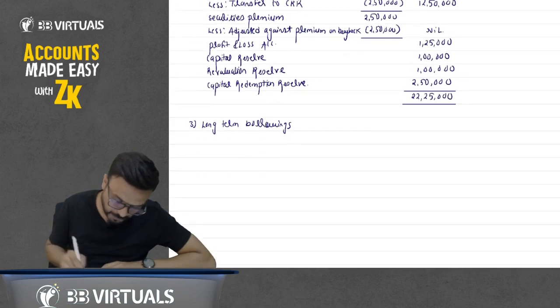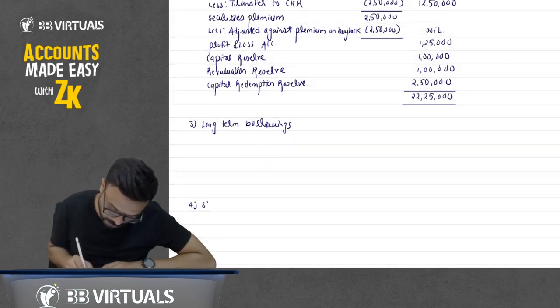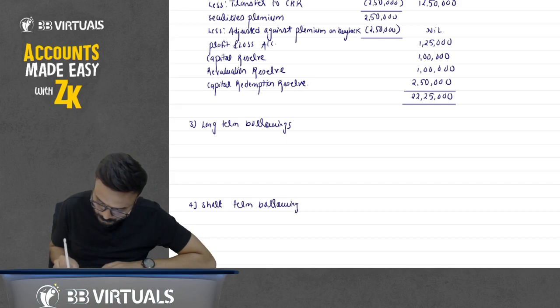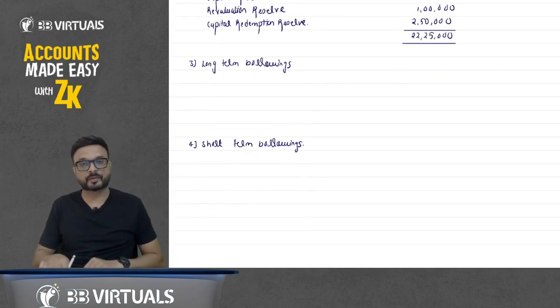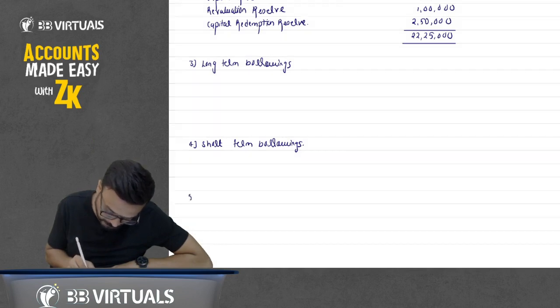Keep this space for 3-4 lines and then write down short-term borrowings. Then keep this space for 2-3 lines and then write down note number 5.